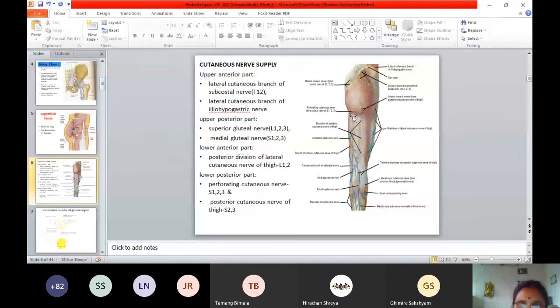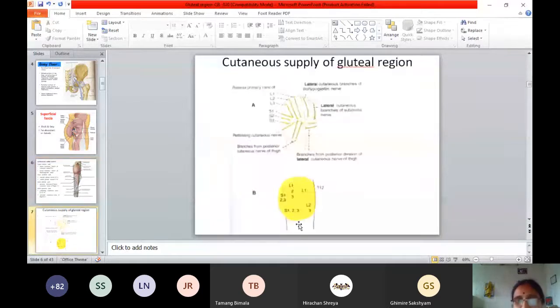And lower posterior part is by 2 important nerves. They are the perforating cutaneous nerve, and another branch is from the posterior cutaneous nerve of thigh. So this is the cutaneous innervation of gluteal region.